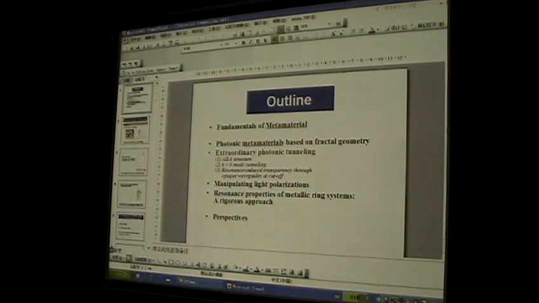So that's why this structure can support it. But there are also some shape resonances. For the hole, there's no shape resonance because for a shape resonance you have to satisfy the lambda over 2 restriction. So that's beyond the subwavelength region.